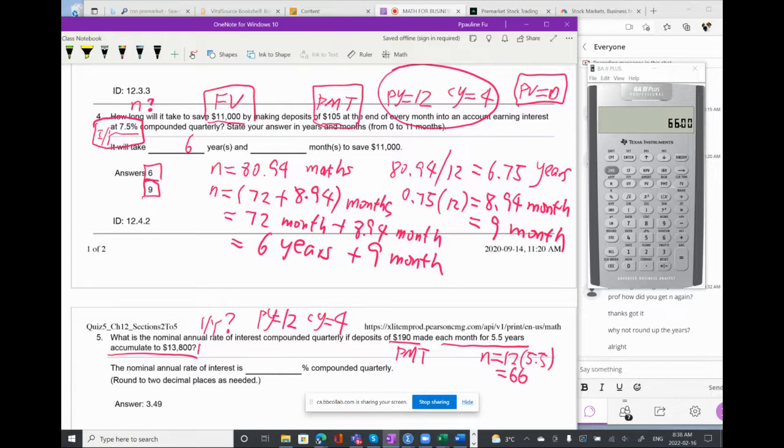Accumulate to means this is future value. Future value. So what is the other number we need to enter? PV is 0, so that you enter 4 numbers. The question asks you interest, IY. Okay. So second quiz. Any questions before I start this question?